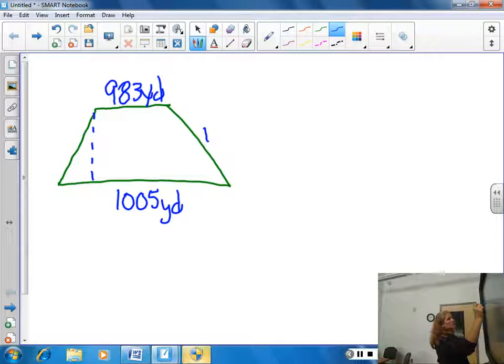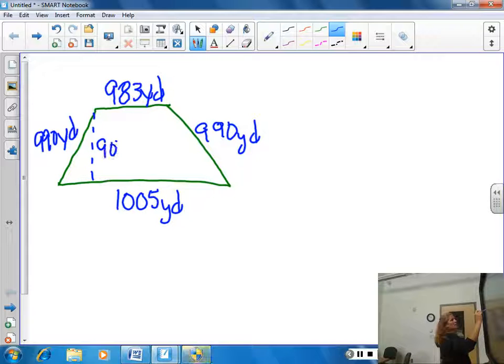And this is 990 yards. Let's make this the same, 990 yards over here. And the height of that land is just 902 yards. When I go to find the perimeter of this, I'm not going to include the 902 yards because I'm just looking at the outer edge, or the distance around these sides.